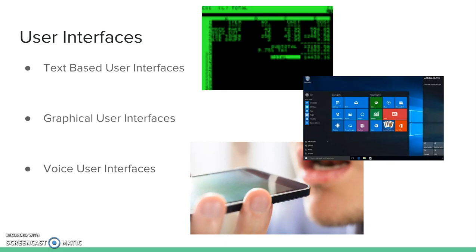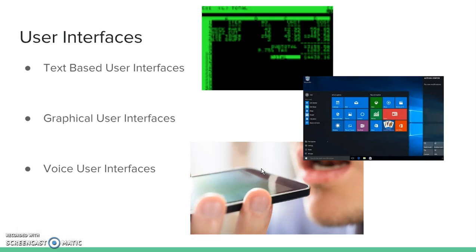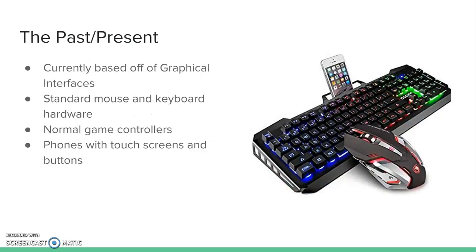They all rely on graphical user interfaces and voice user interfaces. As you can see in this image right here, we use voice user interfaces for things like Siri, for example, basic search engines.